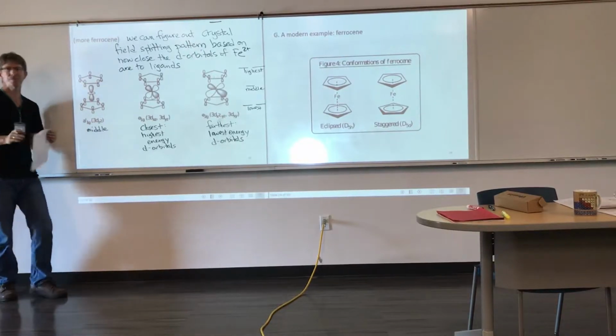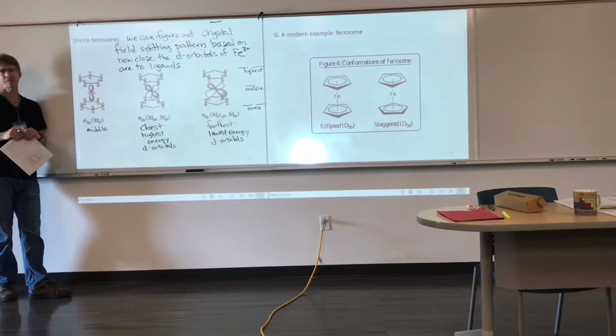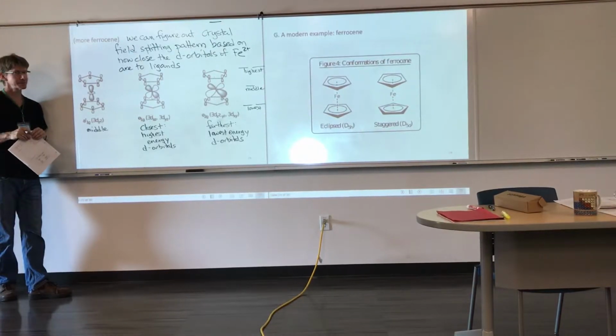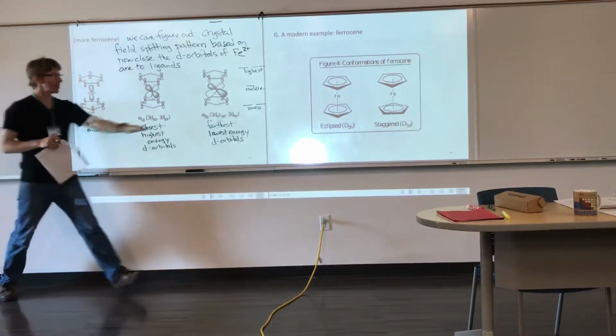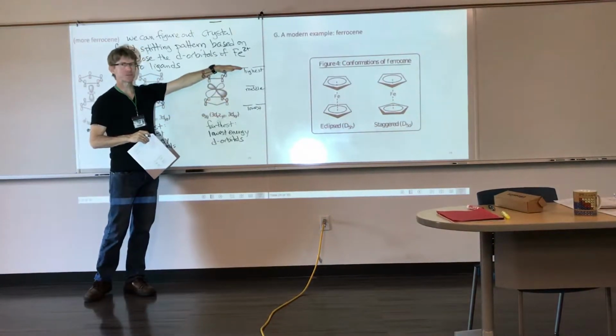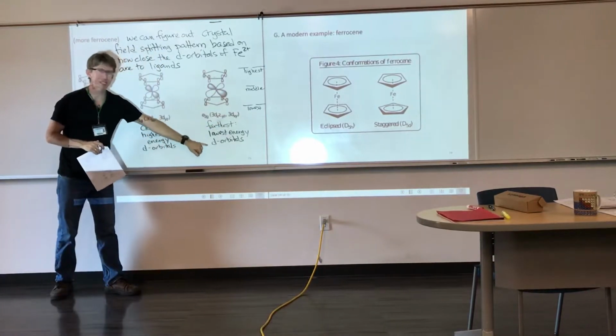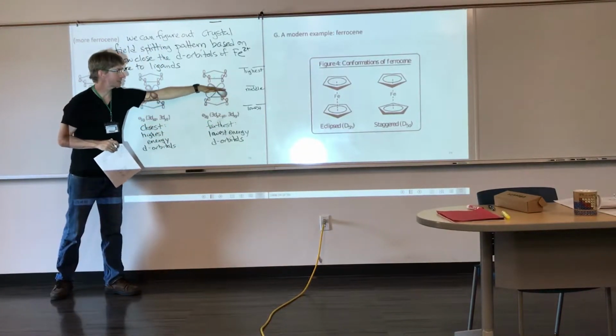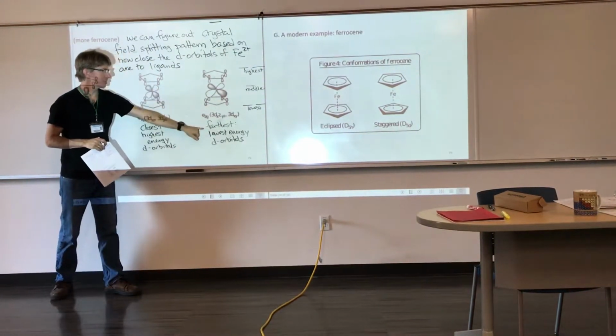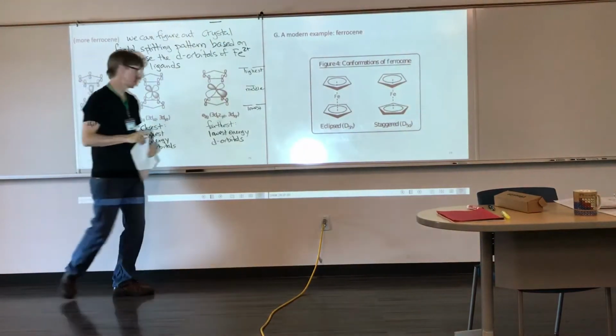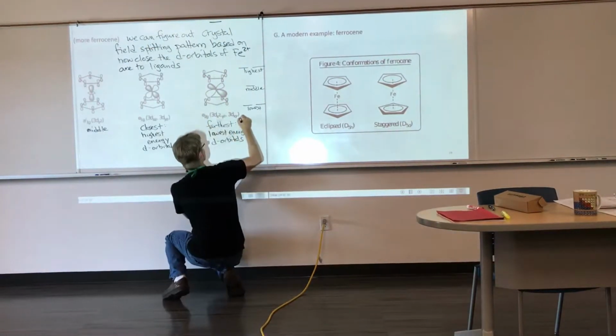Okay. So how did I know it's 2, 1, 2? These two are the lowest energy ones because the d orbitals are farthest from the ligands.